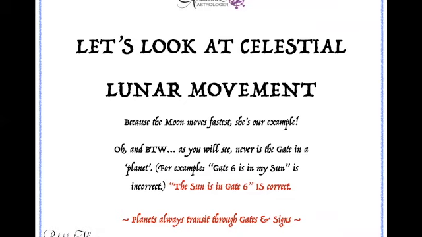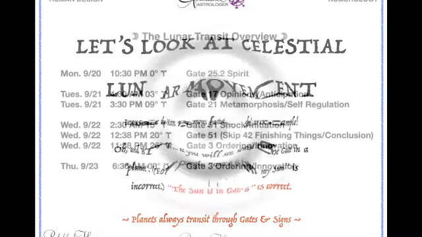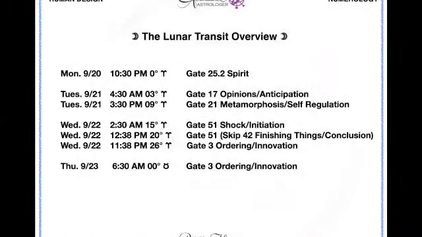I would challenge and invite everyone to try to change that habit and say that the sun is in gate 6, because planets always transit through the gates and the signs. You would say, my sun is in Leo. You would not say, my Leo is in the sun. Anyway, let's get out of that rabbit hole.